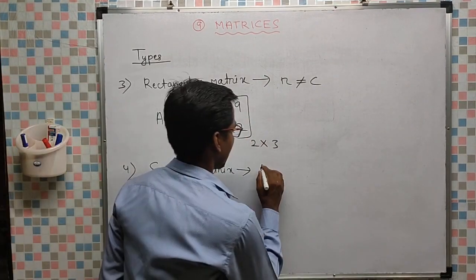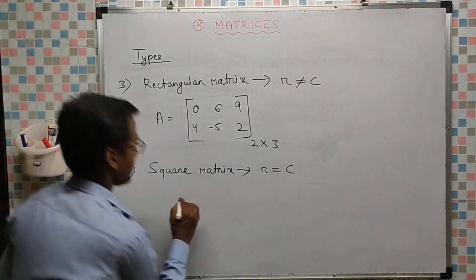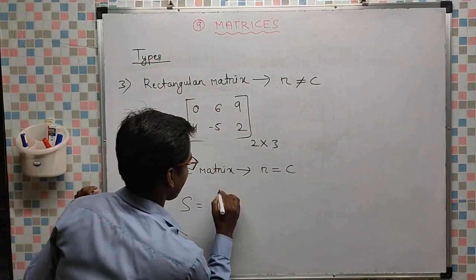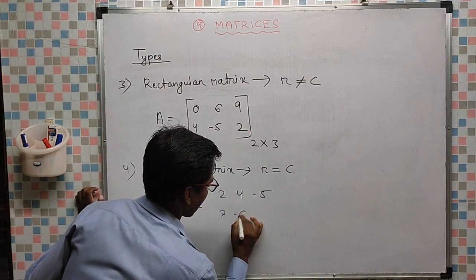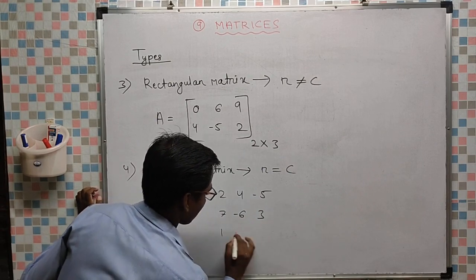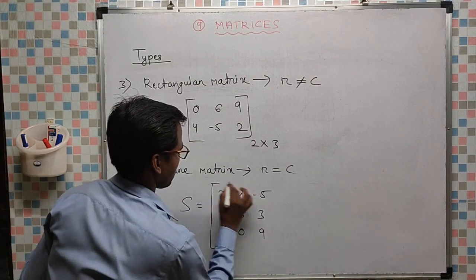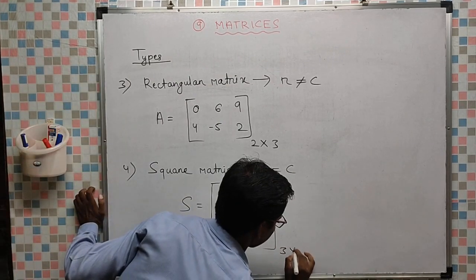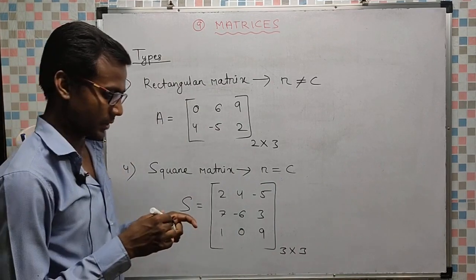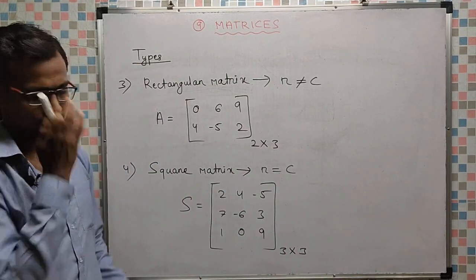So here R is equal to C. For example, S is equal to 2, 4, minus 5, 7, minus 6, 3, 1, 0, 9. As you can see, it has 3 rows and 3 columns. So it is a square matrix.